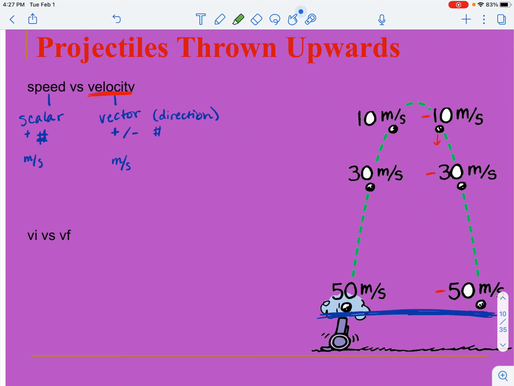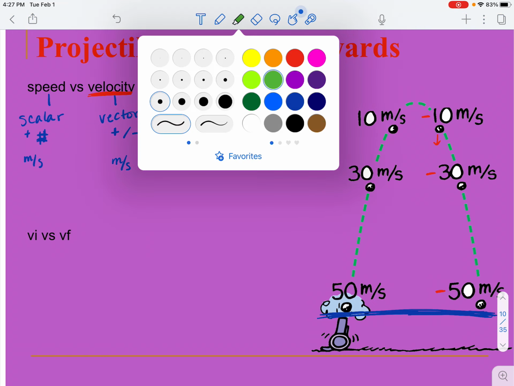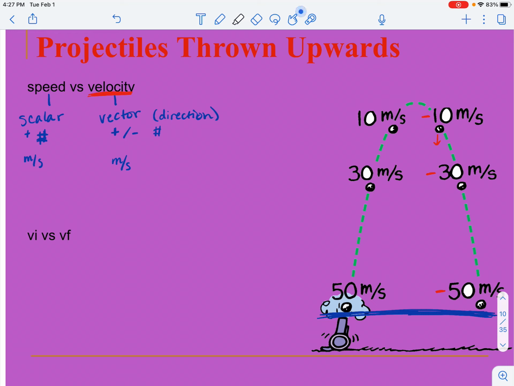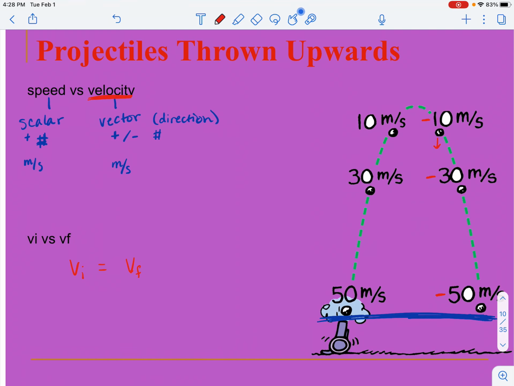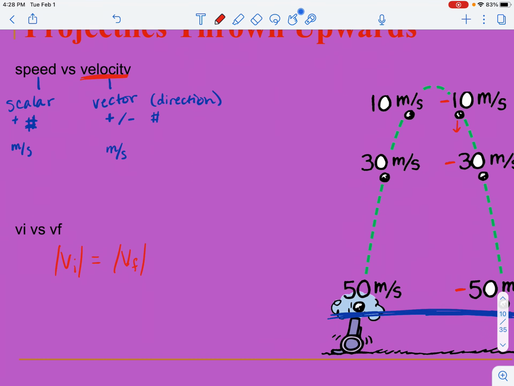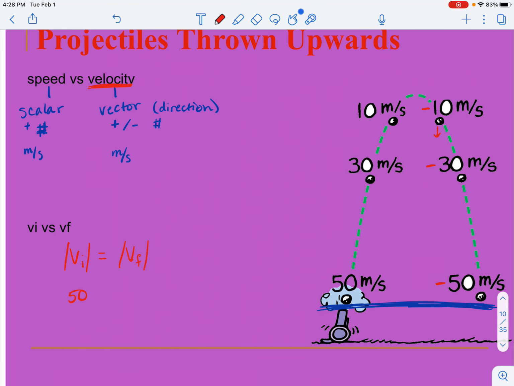So here is a unique question that you are going to see in the future. If we are asking you to let an object go up and then come back down, and we want to know how the initial velocity compares to the final velocity, I want you to tell me that the initial velocity and the final velocity are going to be the same magnitude. What does that mean? That means the absolute value of these two numbers are going to be the same. So for this example, it's 50 meters per second for the initial velocity, and it's negative 50 meters per second for the final velocity.